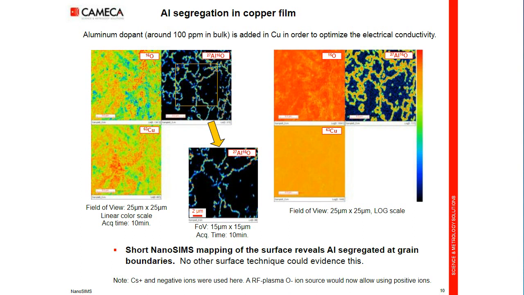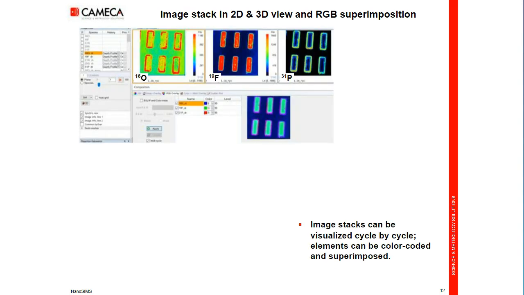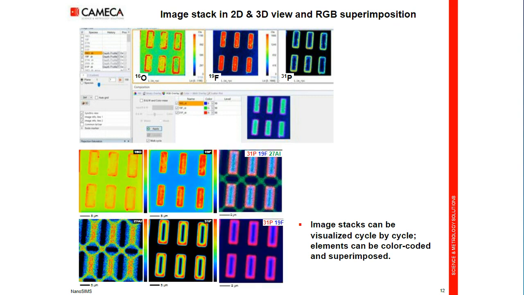In the NanoSIMS, the images are recorded as stacks of images, one over the other, and can be displayed by cycle, like here, oxygen, fluorine, phosphorus, or superimposed. Here you see on the left oxygen, fluorine, and at the bottom left aluminium.